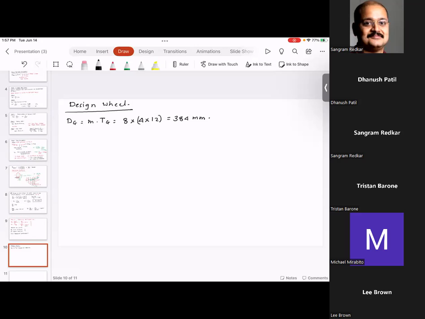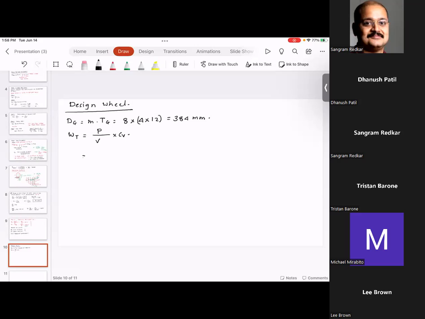Then we can find out the tangential load, and the tangential load WT can be found out using the power transmitted divided by the velocity V, multiplied by CV.